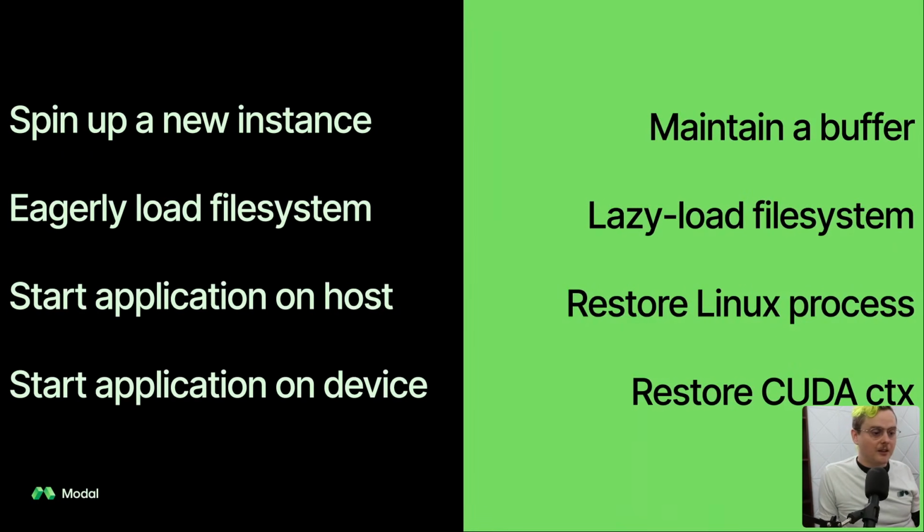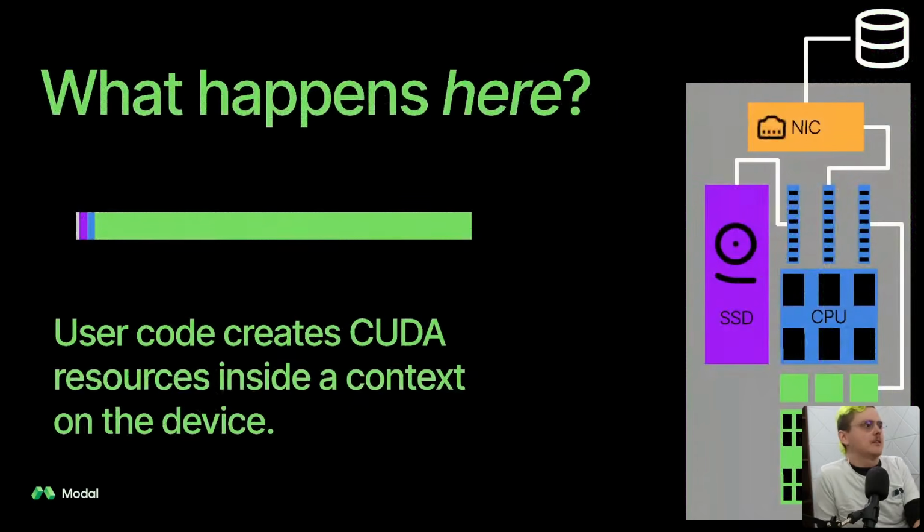We bring the same idea of skipping application start and replacing that with restoring this Linux process data structure, replacing starting the application on the device with restoring the CUDA context. So what's going on during that couple minutes of start time with something like vLLM or SGLang is your application code is creating CUDA resources inside of a context on the device.